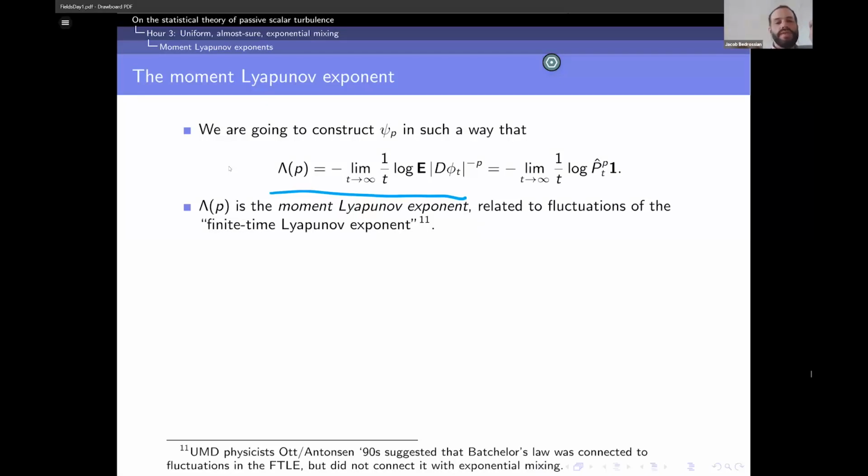And that has to do with the fact that the expectation ends up inside there. So you need to control the probability of the gradient of the flow map being really, really small in some sense. Okay.